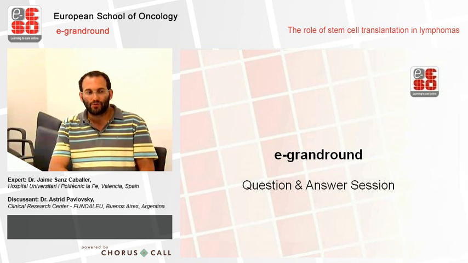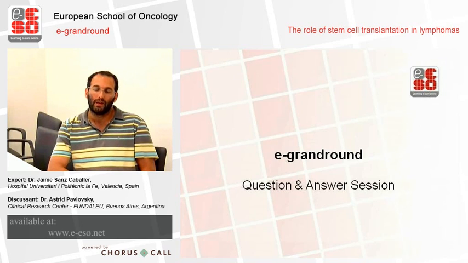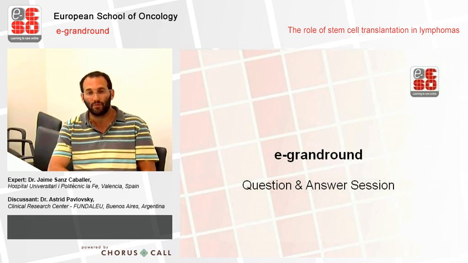I think transformed follicular lymphoma patients should probably be treated as high-risk diffuse large B-cell lymphoma patients. Therefore, high-dose therapy and stem cell transplant can be offered as first line in young, fit patients.